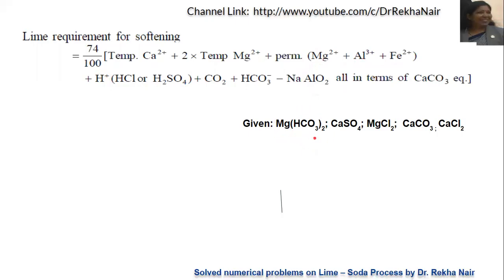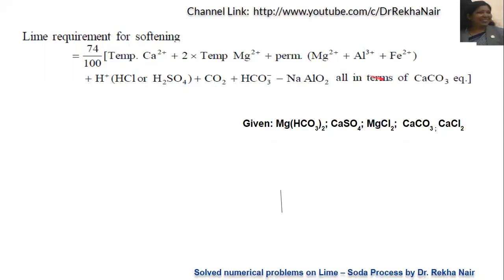It is magnesium bicarbonate, calcium sulfate, magnesium chloride, CaCO3 and CaCl2. So let us see in the formula what all can be given. See, this temporary calcium is given as CaCO3. 2 times temporary magnesium is given as magnesium bicarbonate. Permanent magnesium is given as magnesium chloride.